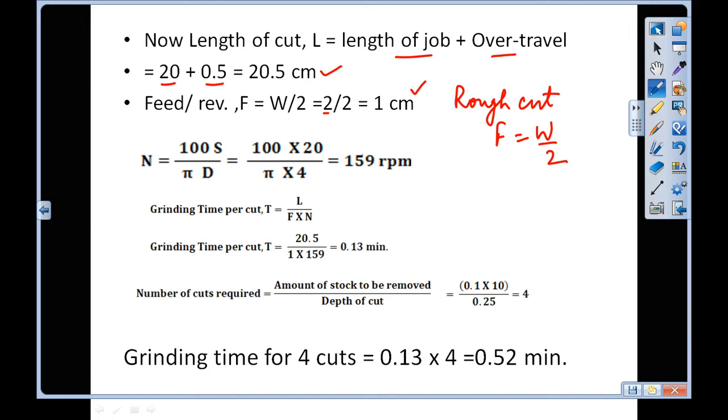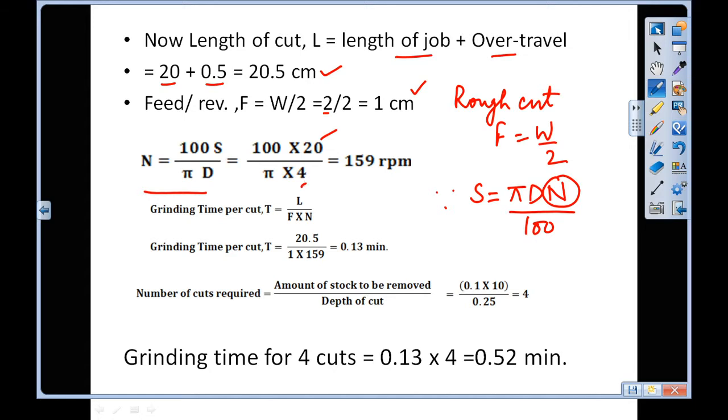Next we will calculate N, the RPM. We know the standard formula of cutting speed in case of turning as S is equal to pi D N by 100. This is the basic formula. So we will calculate N from this formula as N = 100 S / (pi D). We put the values: S is 20, D is 4.